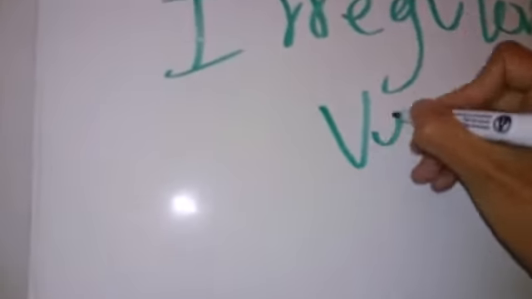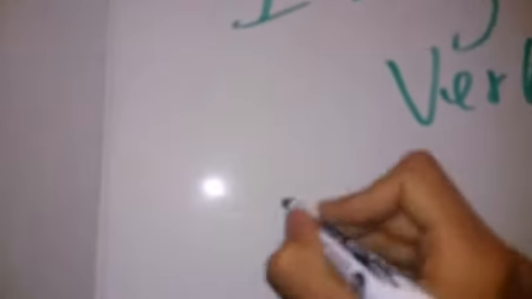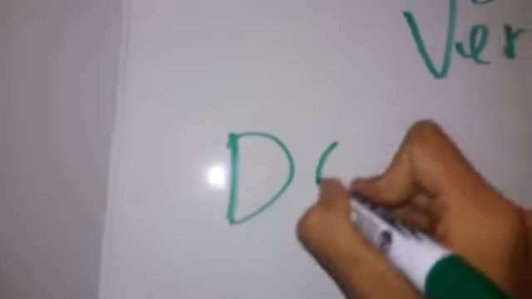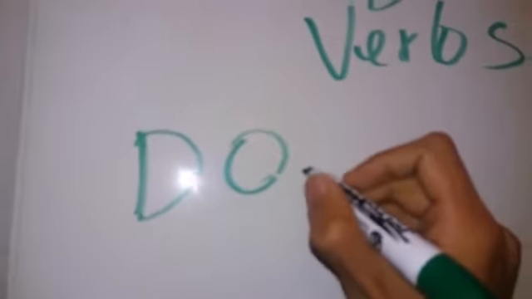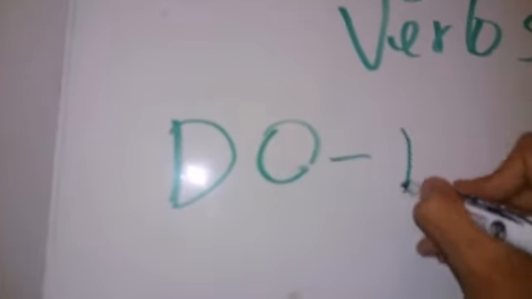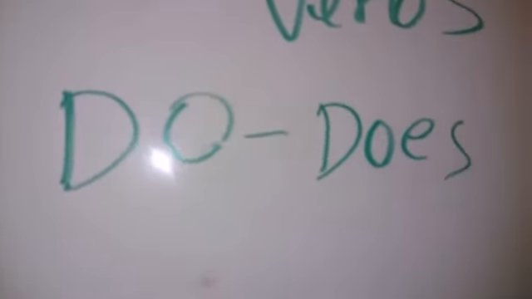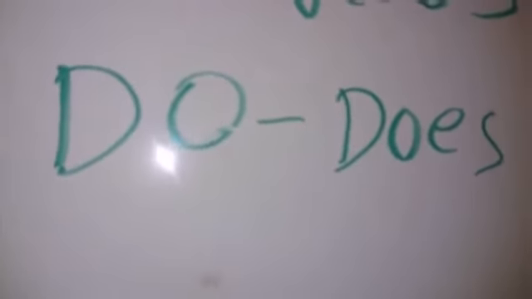Also, there are irregular verbs, like the verb do and the verb go. So the third person in these verbs is does and goes.